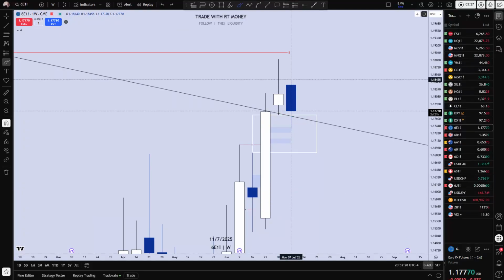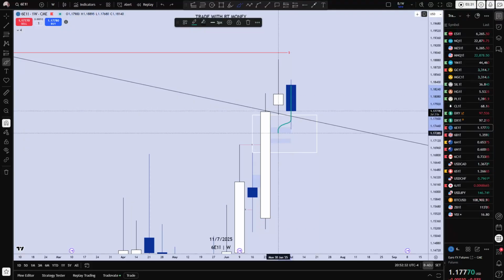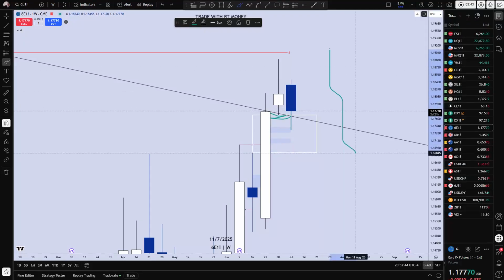Now this weekly candle is still young and it's still forming. It did poke its nose below that low, but since has pulled back. That is nothing other than an impulsive move, which is the down move, and a retracement to 50 to 60% of this impulsive move.